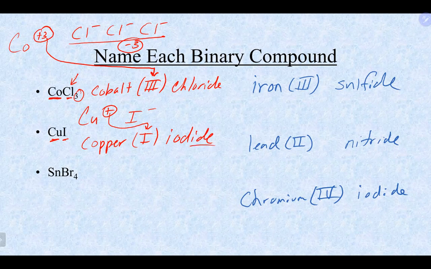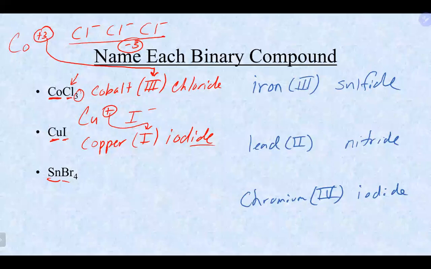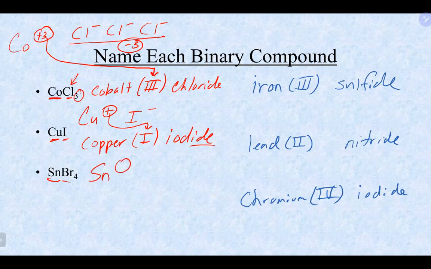Lastly, here we have Sn, which is tin, a metal, and Br, which is a non-metal. Here, the tin is not a transition metal, but it is one of those to the right and below the staircase that fall under the same umbrella in terms of naming, so it can have a variable charge. We look at what it's attached to.